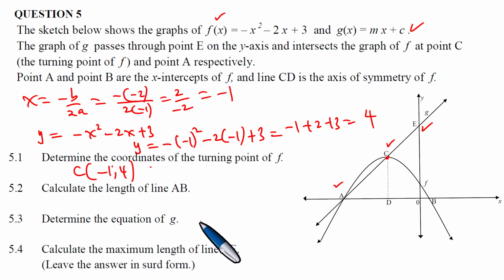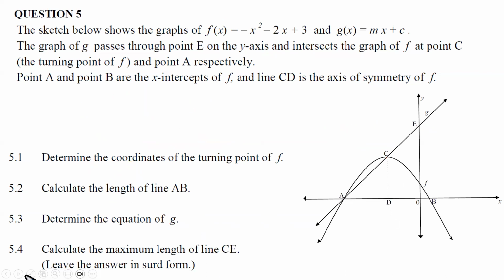Calculate the length of AB. So we've already seen that the coordinates of C are minus 1 together with 4. We want to find the length of AB from here to there. How do you find the length of AB? We note that both A and B are the x-intercepts.